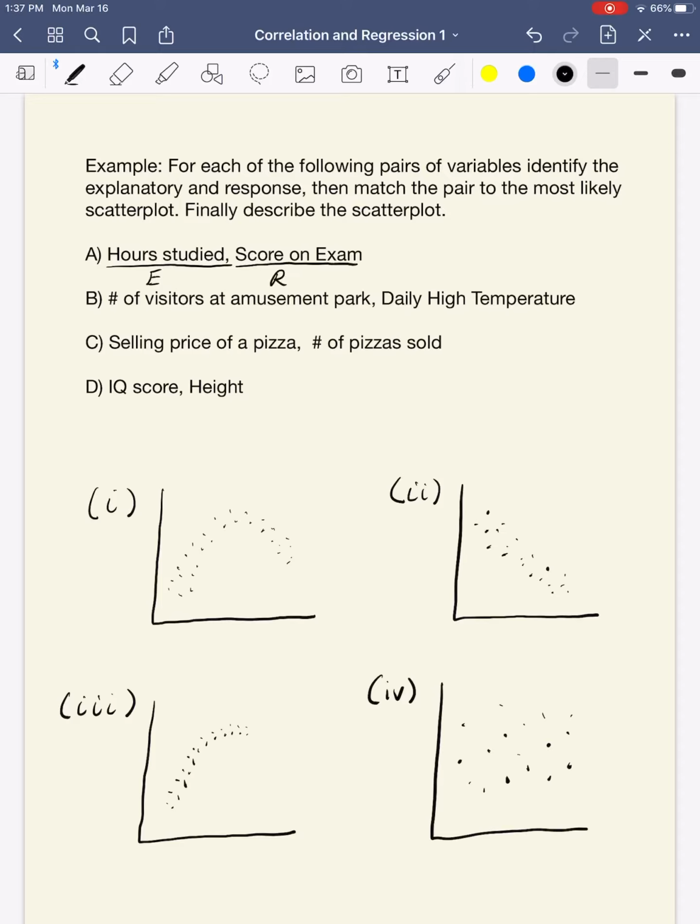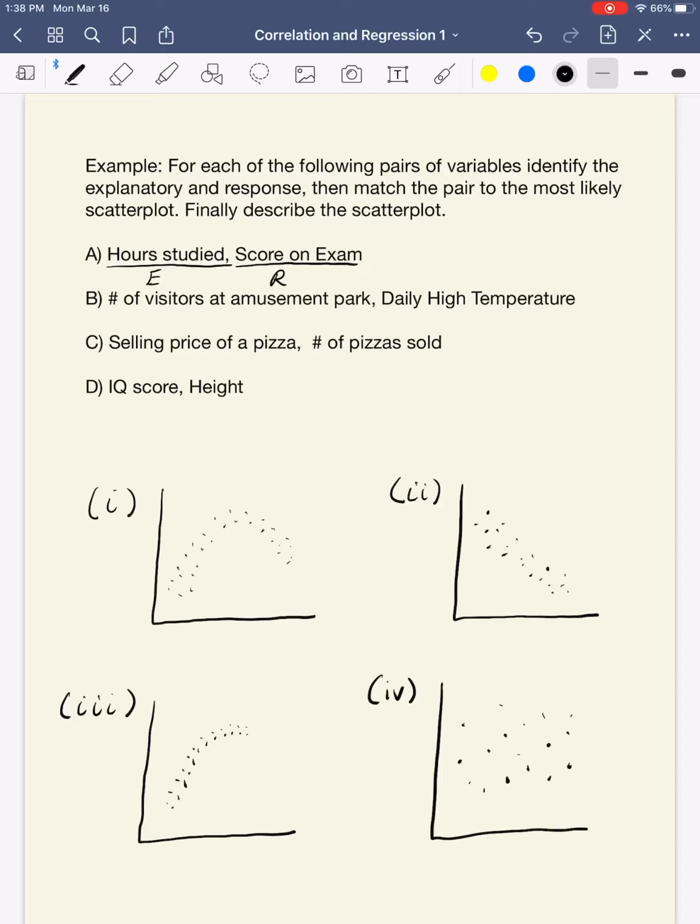We're saying that if there is a relationship between these two variables, we would expect the hours studied to help explain the score on the exam. Is it the only factor that explains the score on the exam? Certainly not. But in this pairing, this would be how we would associate explanatory and response.